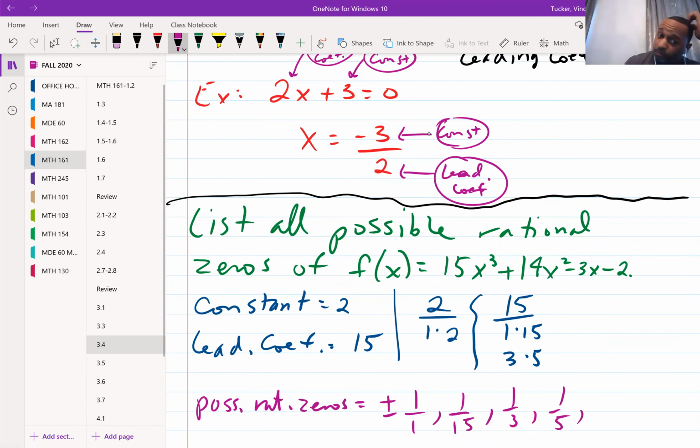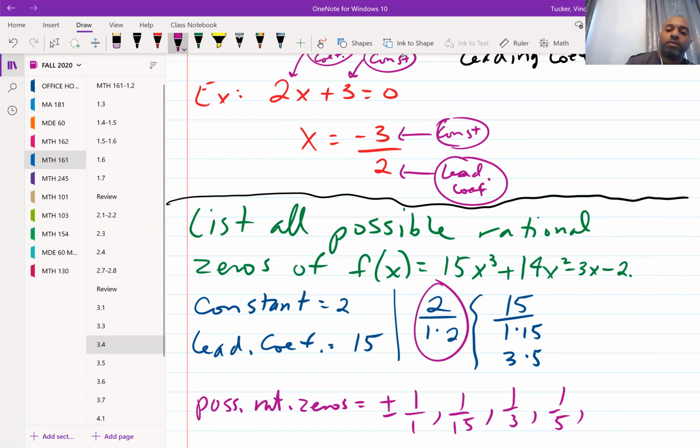So notice what we did. The first thing we did was establish what our constant is. Your constant is always the number that has no variable attached to it at all. Your leading coefficient is the number that's attached to the variable with the highest exponent. So see, 2 is our constant, 15 is our leading coefficient.